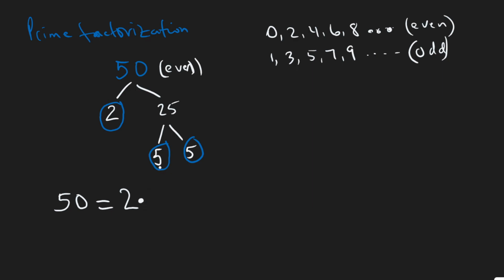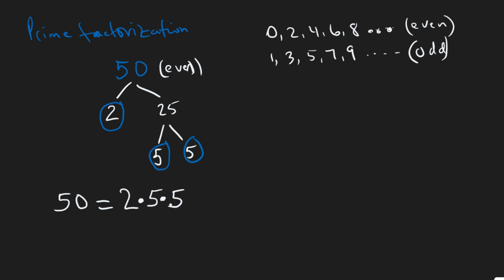And you take this 5 over here, and this 5 over here. So in other words, 50 is equal to 2 times 5 times 5.